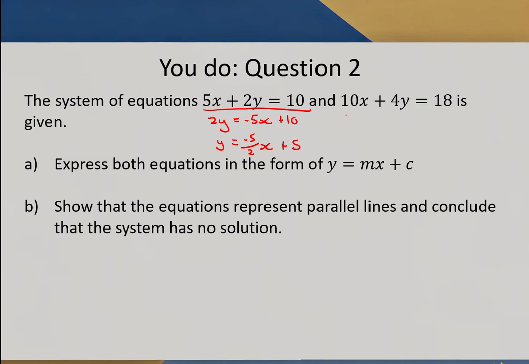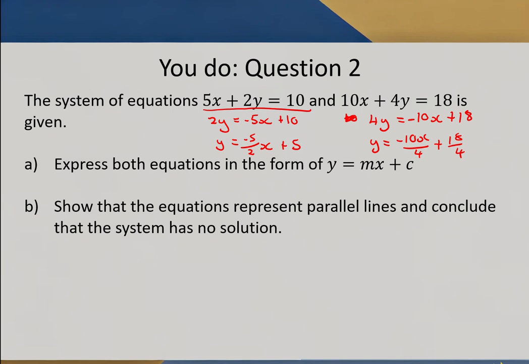With this next equation, I will take 10x to the other side, so that will give me 4y is equal to negative 10x plus 18. I will then divide everything by 4, y equals negative 10x over 4 plus 18 over 4.